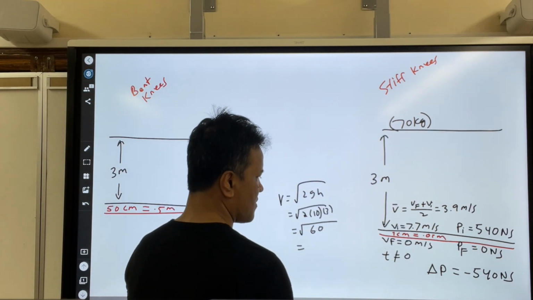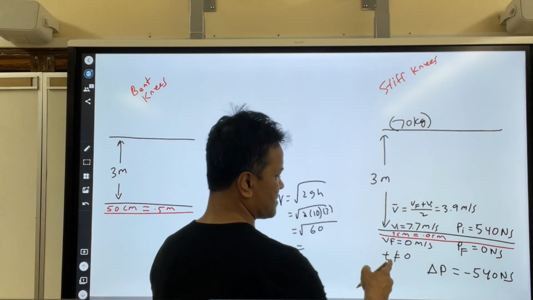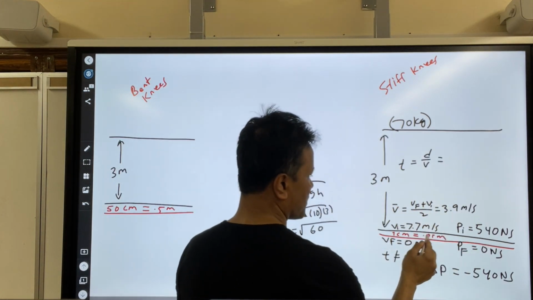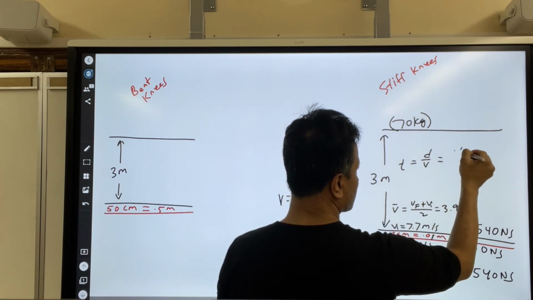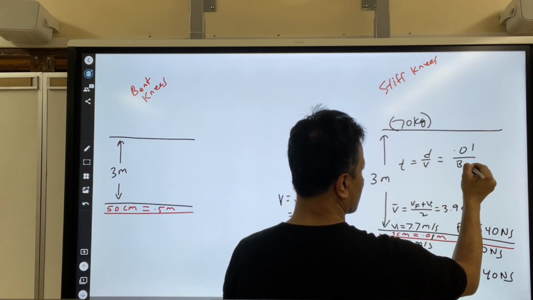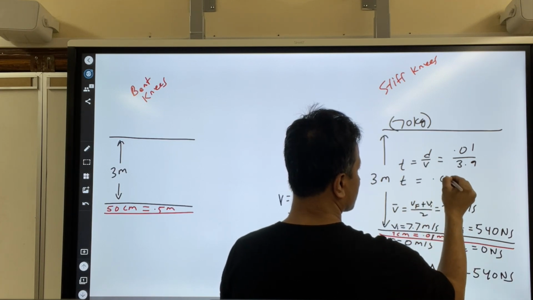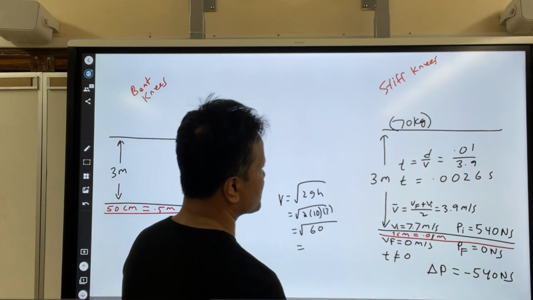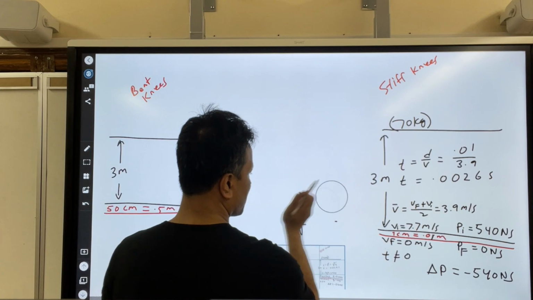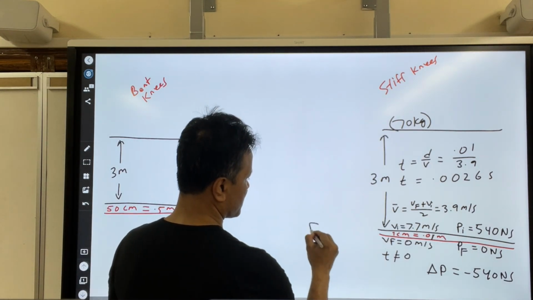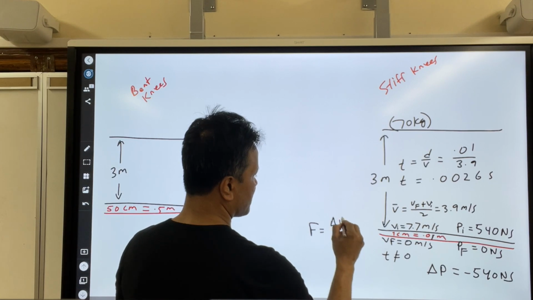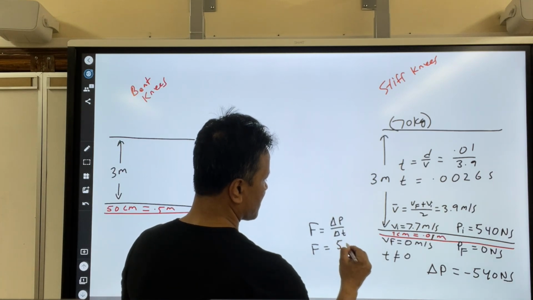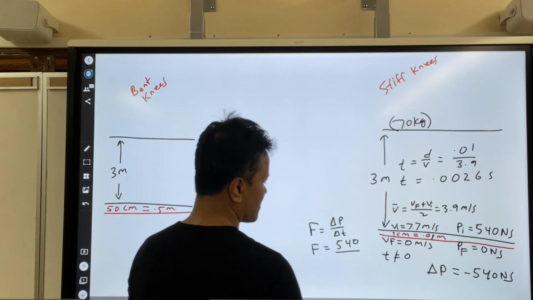Okay. Now I think we can find the time. Time is not 0, very small. Time is distance over velocity. Distance is 0.01, and velocity is 3.9. So the time it takes is 0.0026 seconds. Now we are ready to find the force. The force would be delta P newton second over delta T. So the force is delta P, 540, delta T is of course negative.